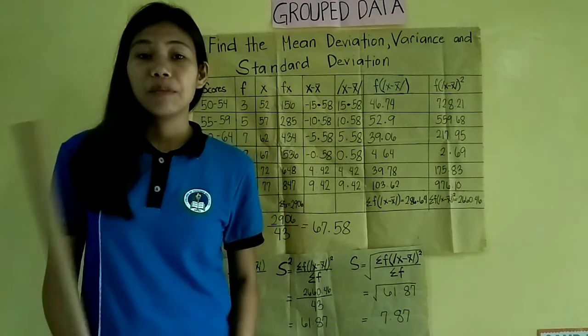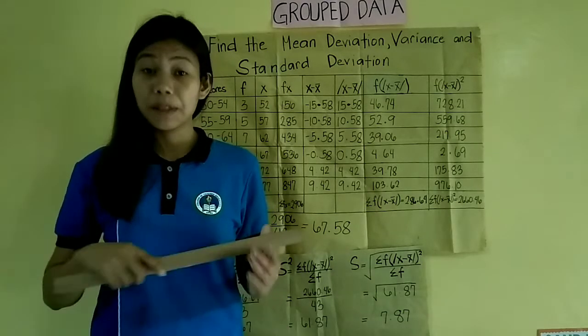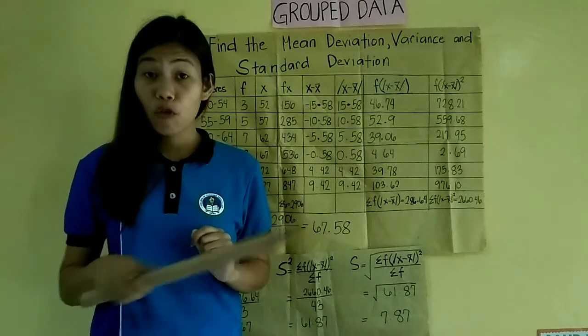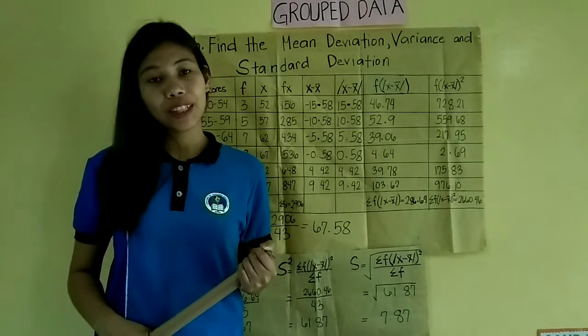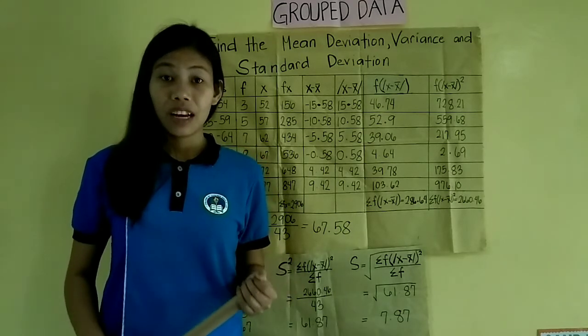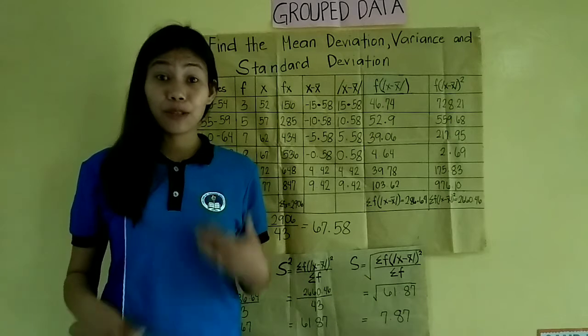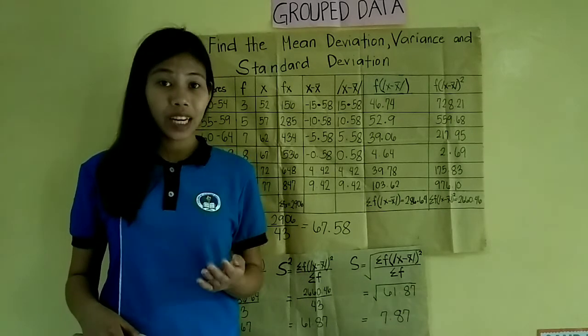Yes. Summation of f, the quantity of x minus mean squared, over summation of f. How about the standard deviation? Very good. You just have again to square root the value of your variance.